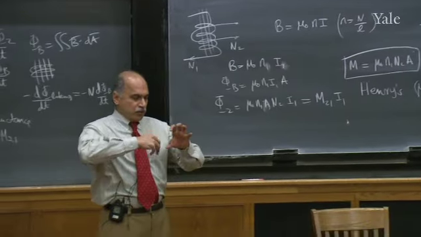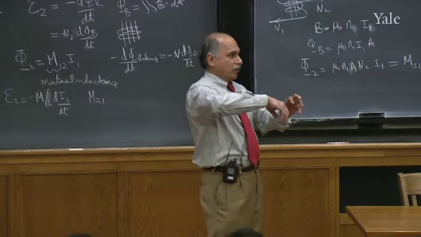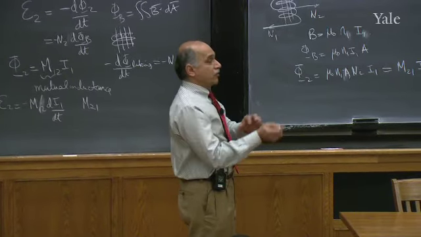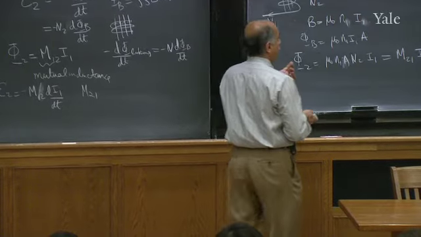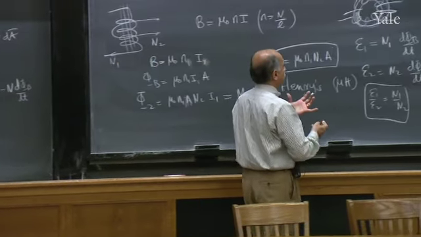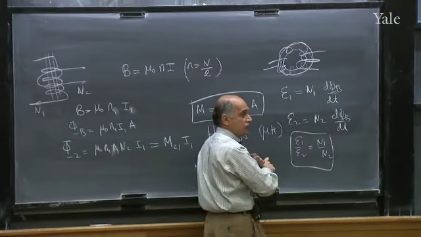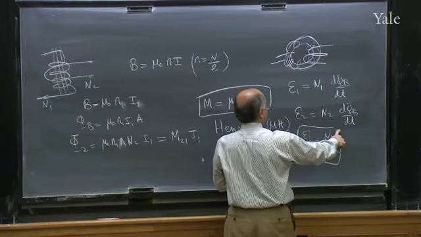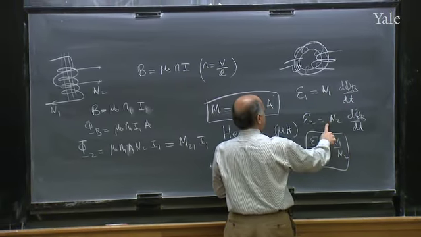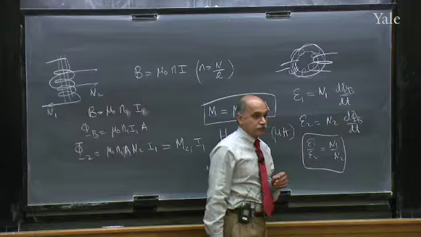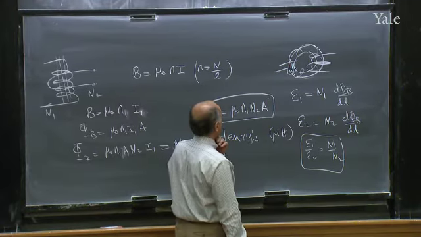The same flux is going around the donut. One has N1 turns around it, the other has N2 turns around it. The EMF, you remember, is not simply a rate of change of magnetic flux. It's that multiplied by the number of turns. They both have the same flux going through them, but this has N1 turns, that has N2 turns. You can see this ratio. That's a very powerful result.